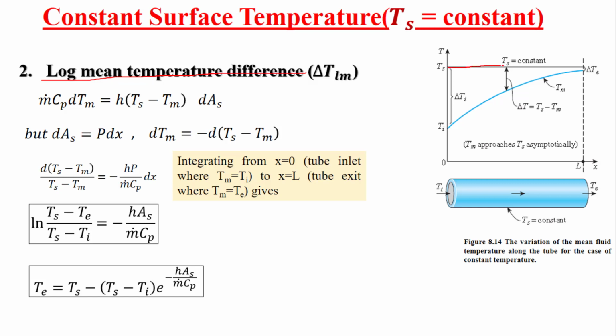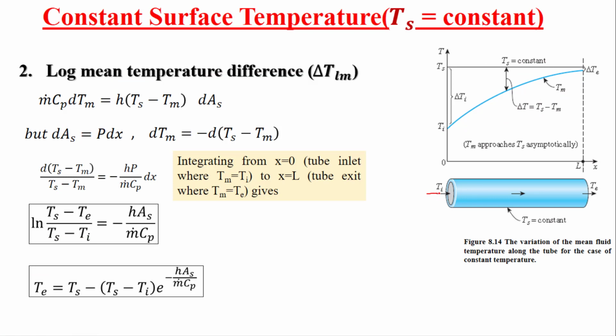Here is the temperature at the surface, Ts equal to constant. Instead of having a linear profile, look at the amount of error. We'll benefit from the log mean temperature difference. Instead of having this difference, Ts minus T mean, with the logarithmic mean temperature we have only this difference between the values.